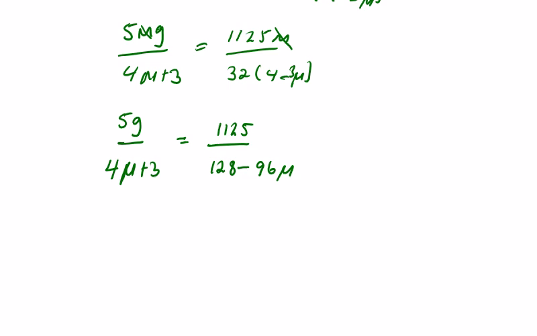So can I get mu on its own? Go this way first, maybe 4 mu by 1125, that's 4,500 mu, plus 3,375 is equal to 5g by 128.